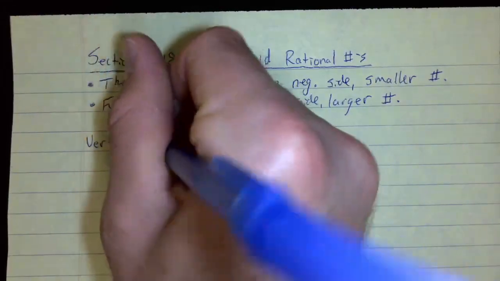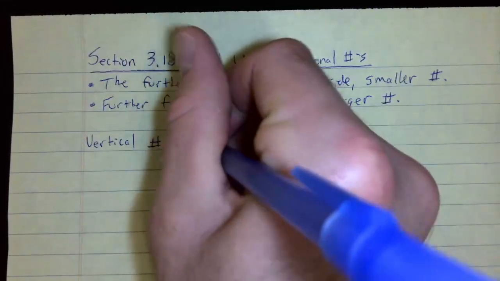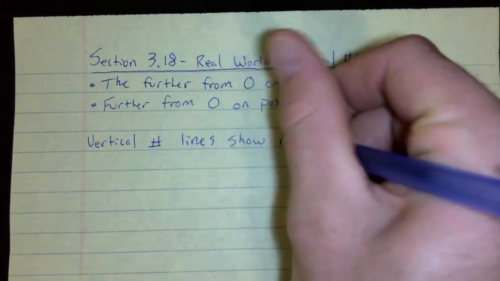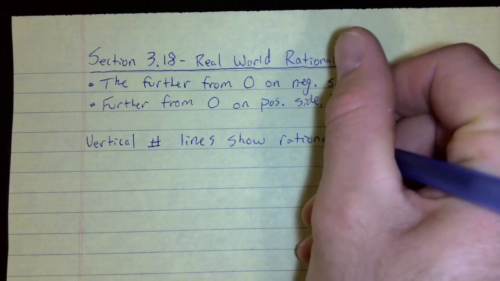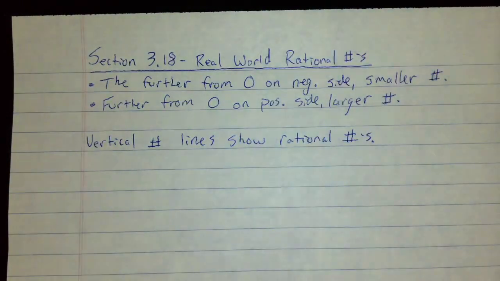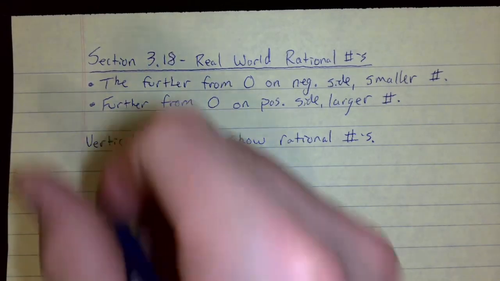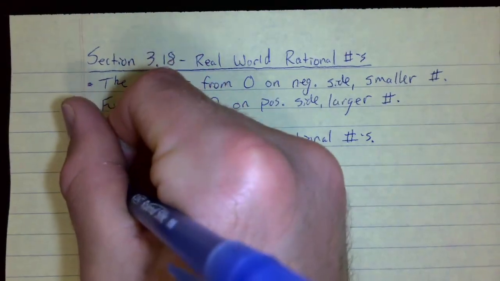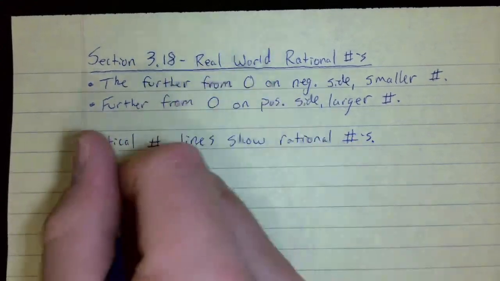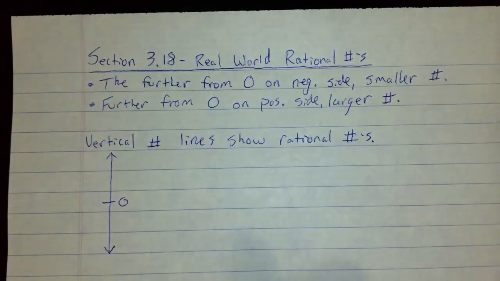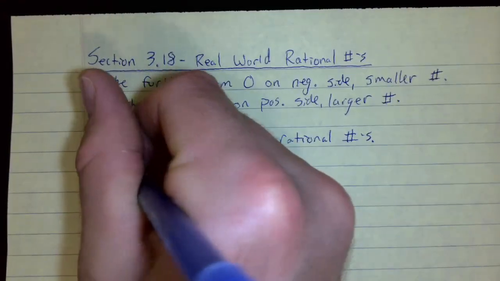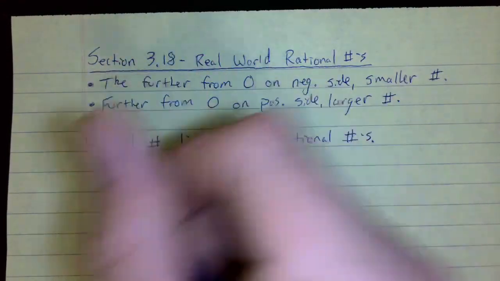Vertical number lines show rational numbers. When we see a vertical number line, we start with the line, and right in the middle we put 0, and we go up by 50s. 50, 100, and this will be in feet.